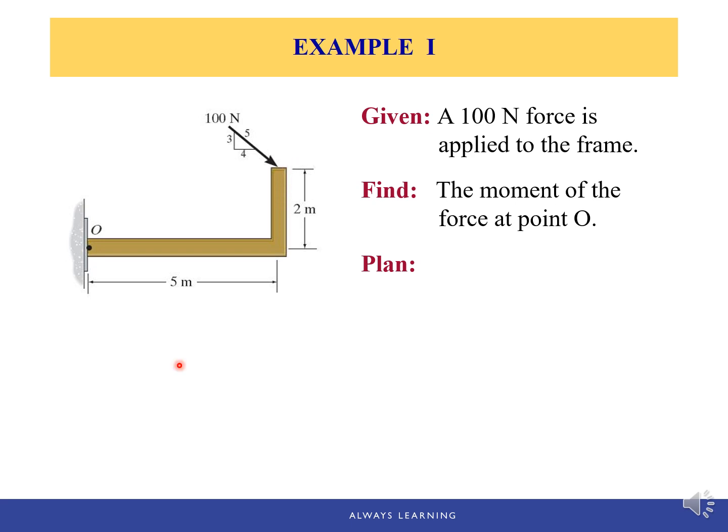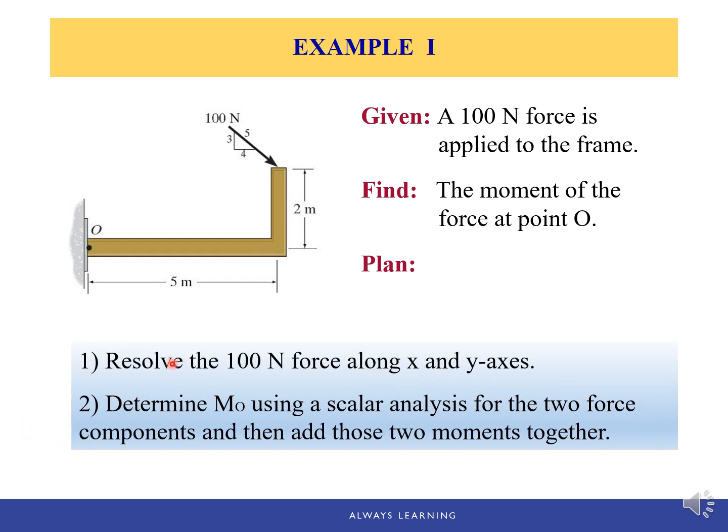So the approach that we're going to take will be first to resolve this 100 Newton force along the X and Y axis, and then determine the moment M of O using the scalar analysis for the two force components, and then use the principle of moments to add those two moments together.